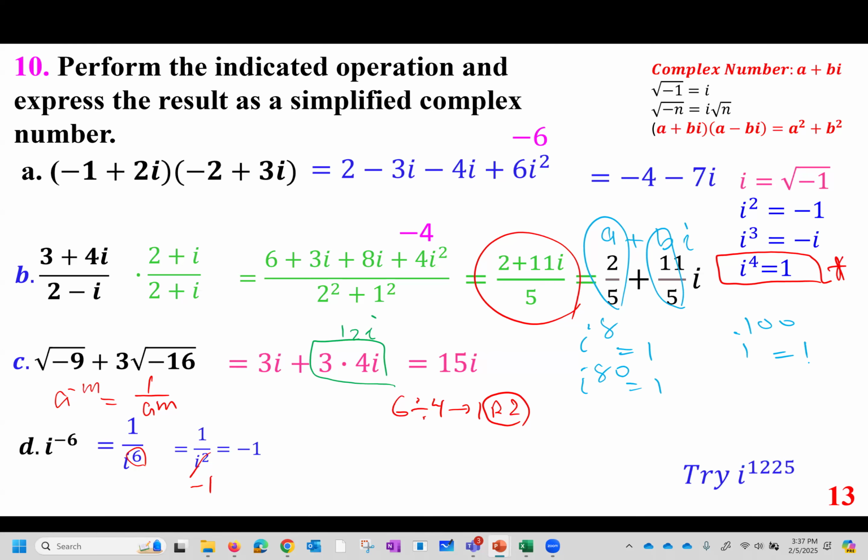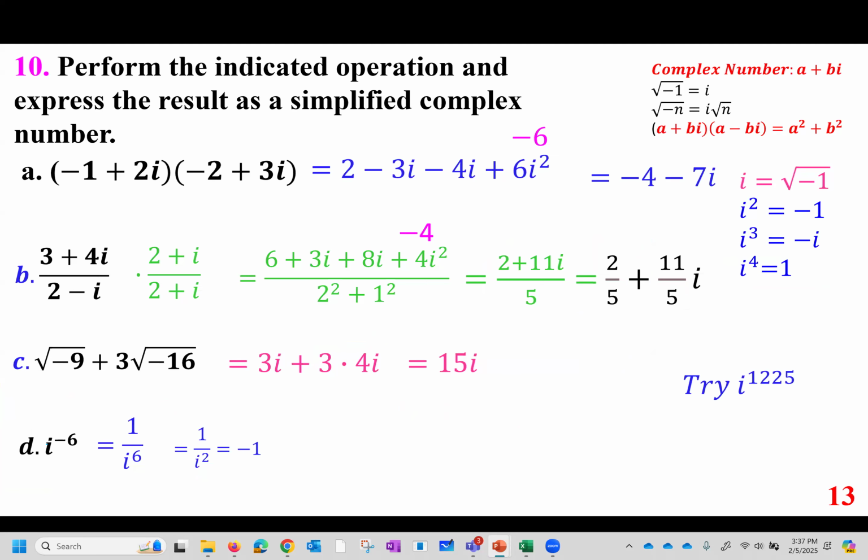For example, what is i to the power of 1225? You are going to divide 1225 by 4. And it doesn't matter what the answer is.